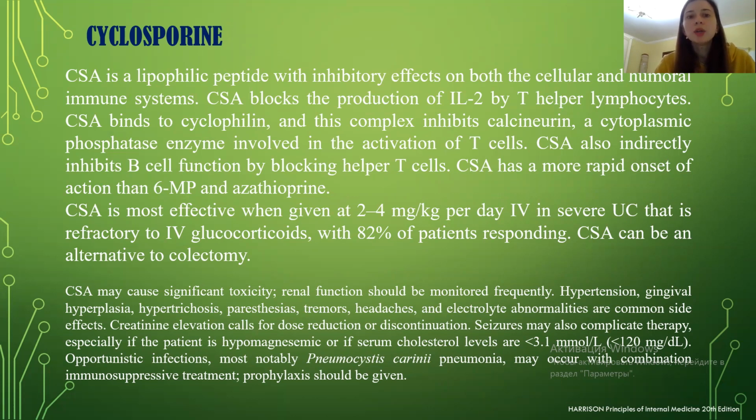It binds to cyclophilin, and this complex inhibits calcineurin, a cytoplasmic phosphatase enzyme involved in the activation of T cells. It also indirectly inhibits B cell function by blocking helper T cells. It has a more rapid onset of action than 6-MP and azathioprine.